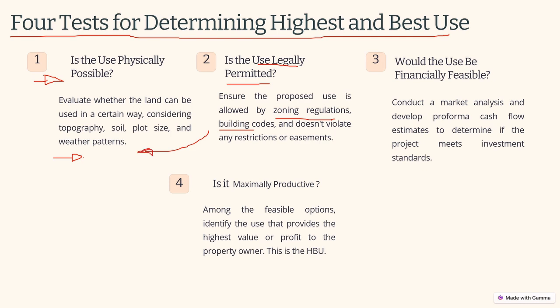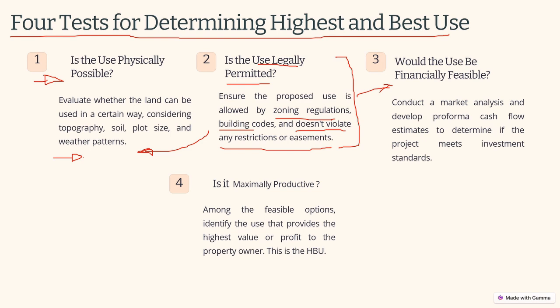So that is the second thing you have to check, whether it is legally permitted. It means ensure that the proposed use is allowed by zoning regulations, building codes, and does not violate any restrictions and easements. So once this test is cleared, then you will go to the third one.